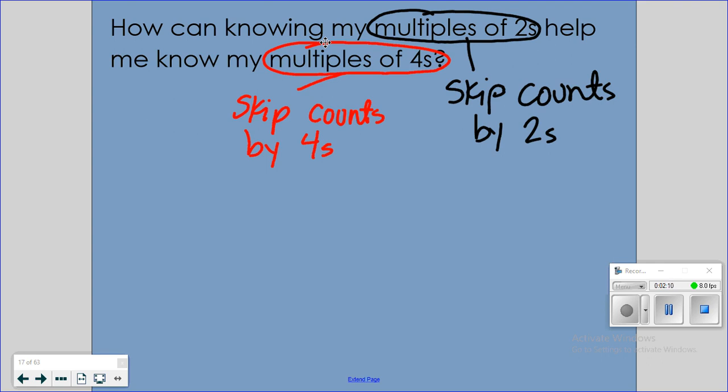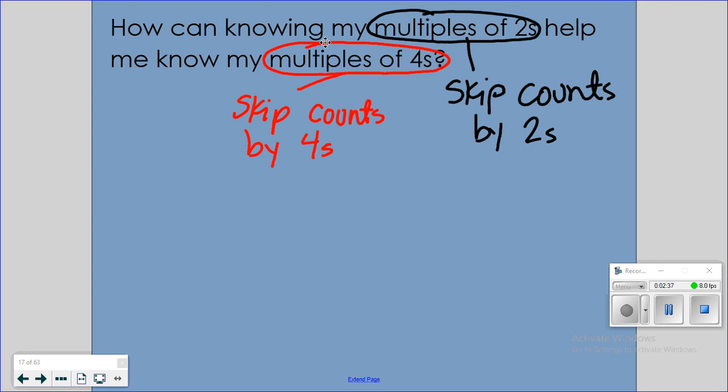So what we're going to do instead of trying to memorize how to skip count by 4's is I'm going to show you a little trick. Because you are good skip counters by 2's, we're going to use that to help us be better at our 4's. Michael, what do you think? So it's like we're using the 2's and 4's so we can skip count by 2's, but still skip count by 4.